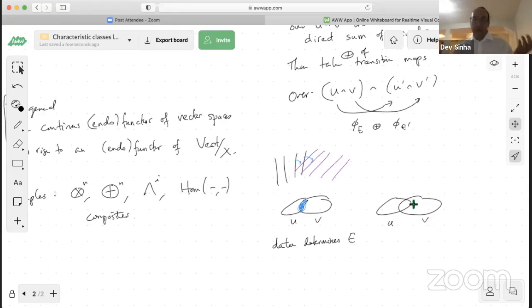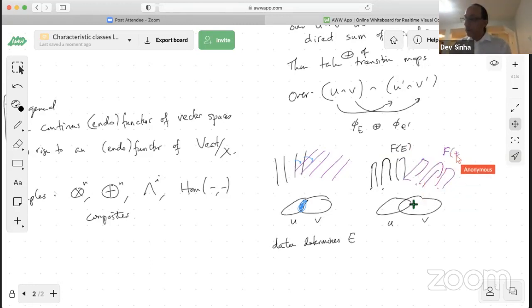You can always take a common refinement. Let me just say that. And then I've got some functor on E, and then I take the same functor on E prime. Then, as long as I have my phi's, I can take F of phi as the gluing data for this functor on E.